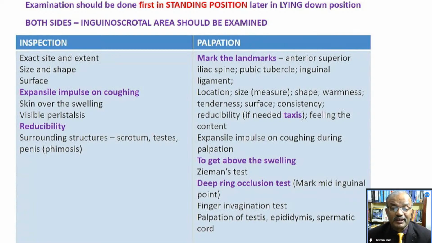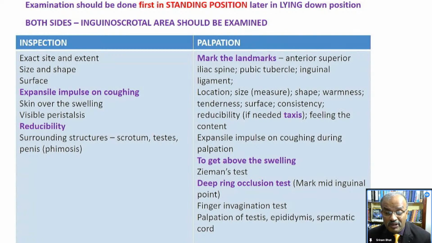Now another important test is the deep ring occlusion test. That's why the mid-inguinal point is important, between the anterior superior iliac spine and the pubic symphysis. Mark it, then ask the patient to lie down, reduce the content, then use your thumb over the deep ring, internal ring. Otherwise, it is a defect in the transversalis fascia, and then ideally ask the patient to stand.